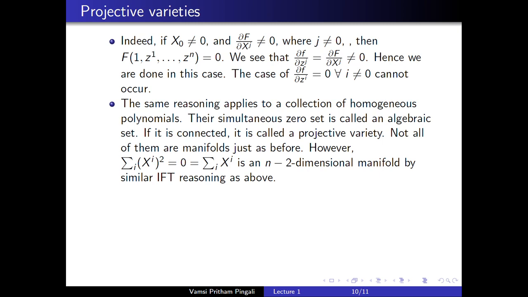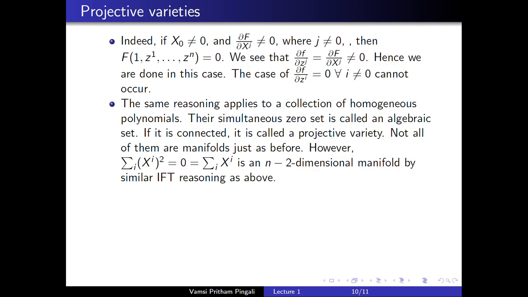If that regular value happens to be 0, meaning, in a complicated way of simply saying, that if you set all those polynomials to 0 and the derivatives are all linearly independent on the 0 locus, then it defines a complex (n-r)-dimensional submanifold of CP^n. So now we can produce lots of examples of compact complex submanifolds.